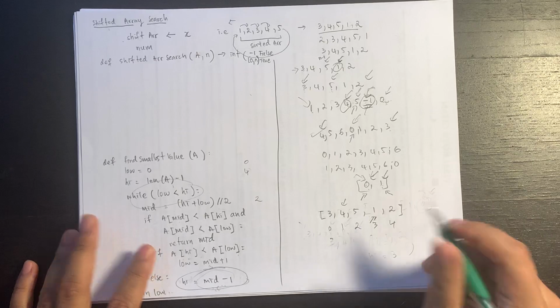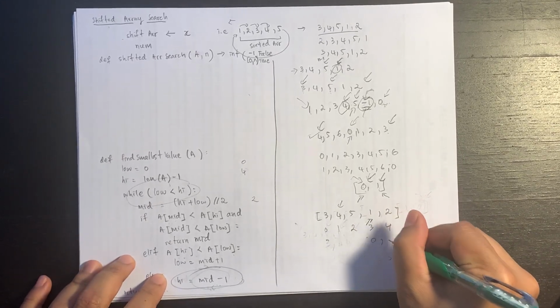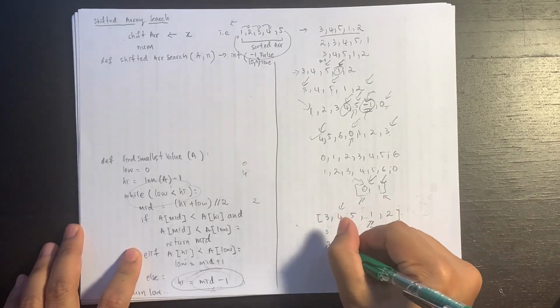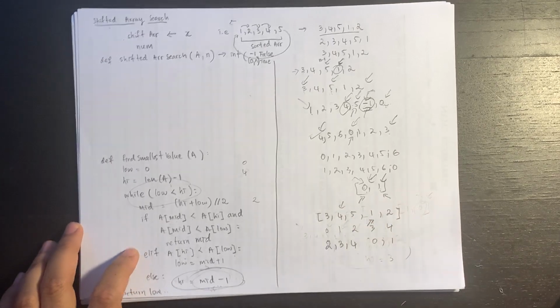So we know that in the original sorted array, 1 should be at index 0, 2 should be at index 1, 3 should be at index 2, 3 and 4 like this.